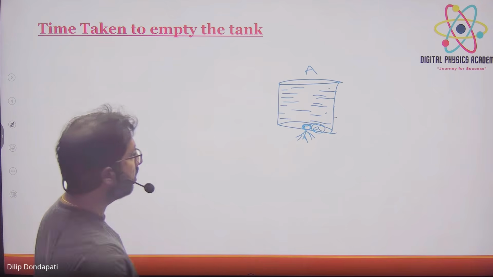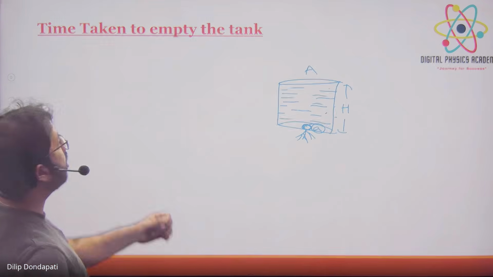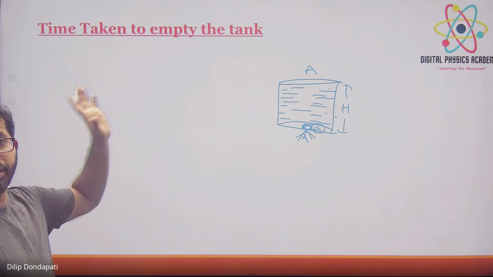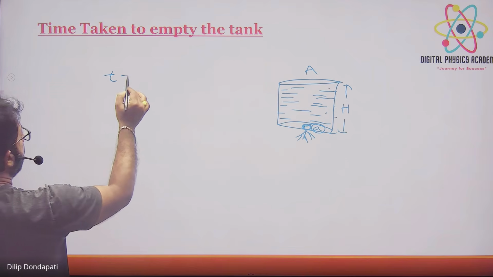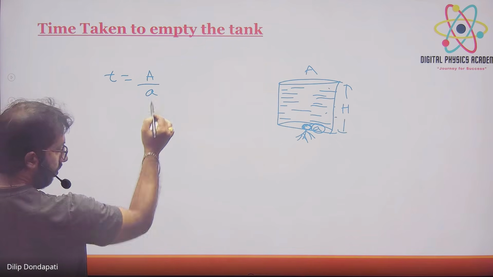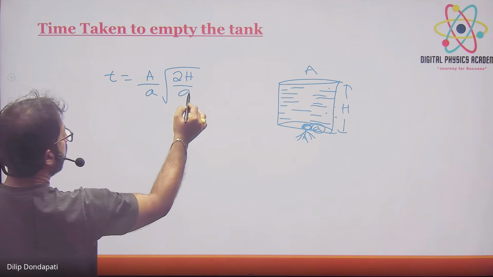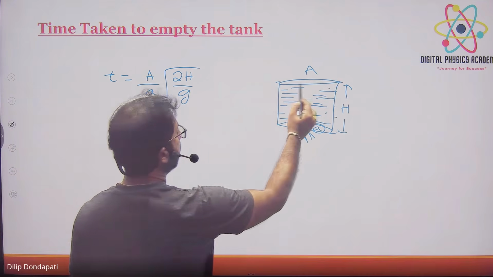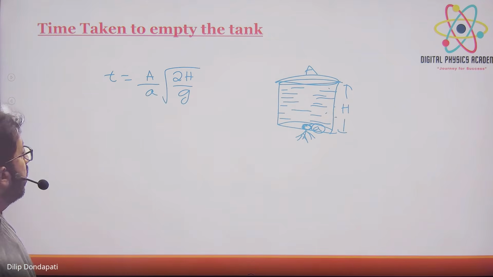We are trying to find the time taken to empty the tank. Very important. Not normal time, only the time taken to empty. So the formula is A by small a under root 2h by g. You have to use this. Capital A is the area of the bigger surface and small a is the area of the hole.